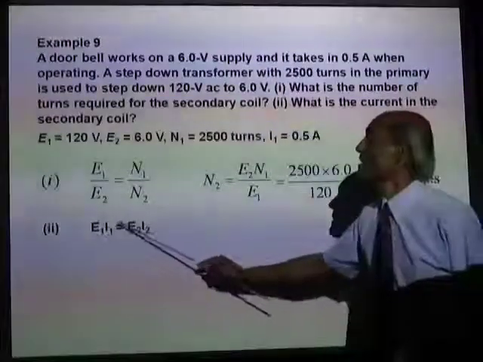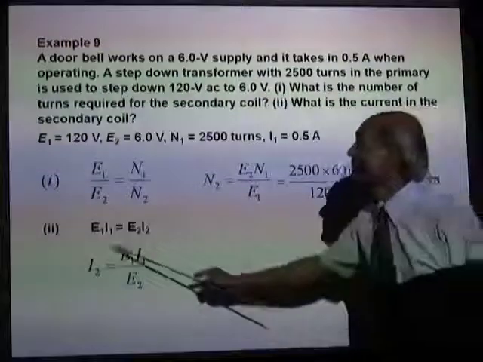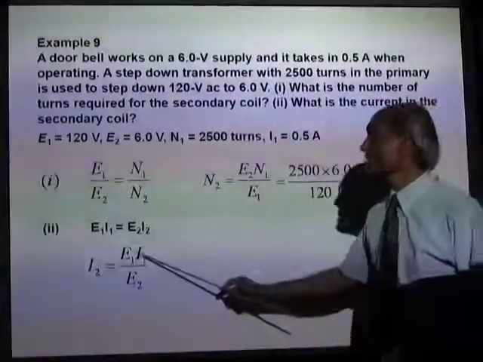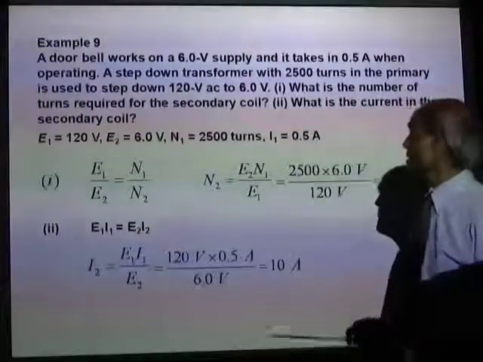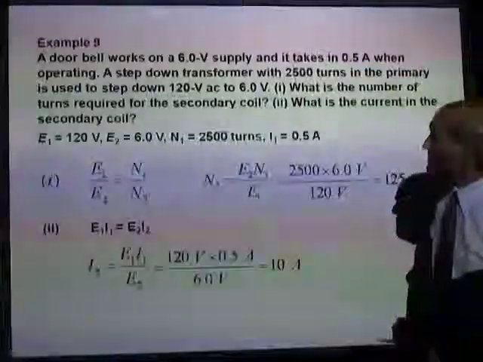And then E1 I1 equal to E2 I2, and that will give you I2, the secondary current, equal to E1 I1 over E2, which is 10 ampere. Well, that's a very simple problem, and you can actually see applications of this in everyday life.